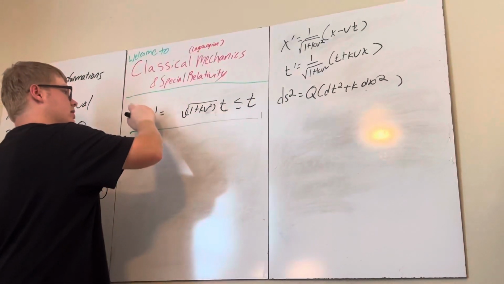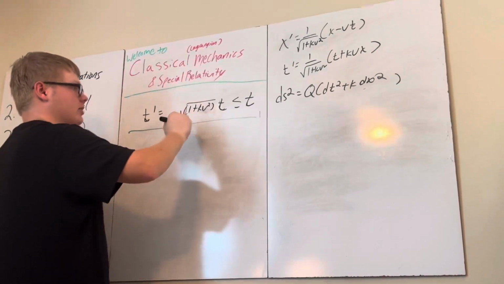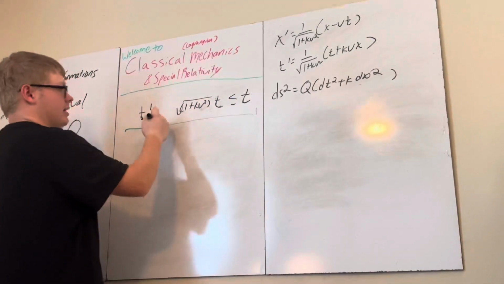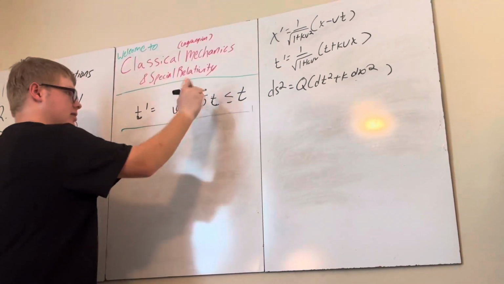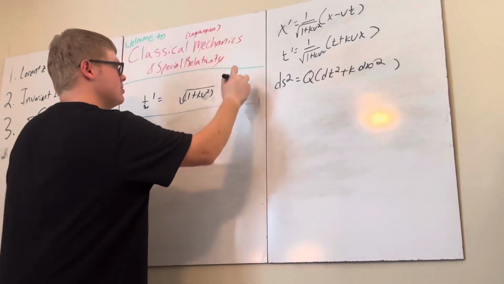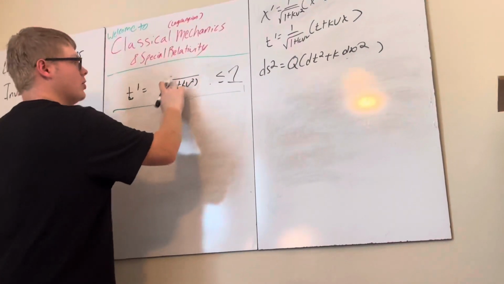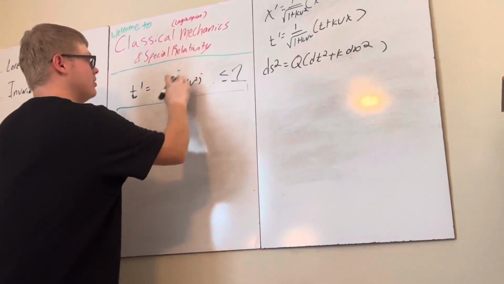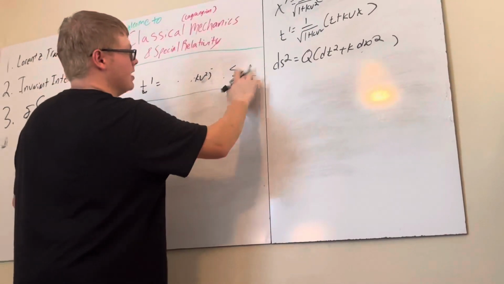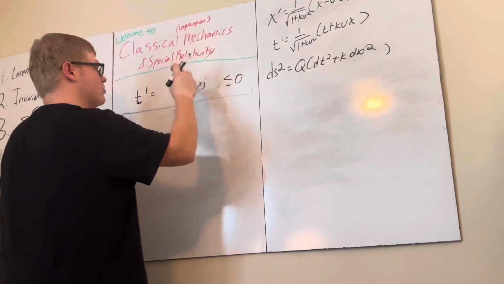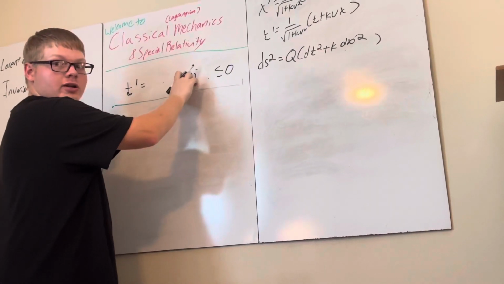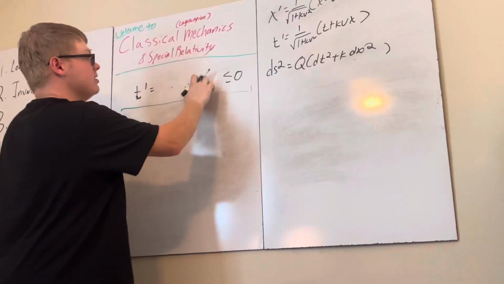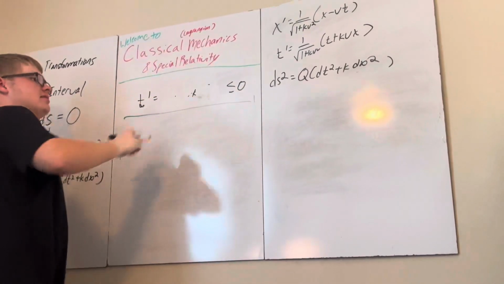Motion's not going to make your time coordinate be greater, which is the most hand-wavy part of this, but it has very much importance because you can cancel out t in this inequality here, less than 1, square both sides, that's just going to be 1, subtract 1 from each side, that's going to be less than 0. Velocity squared, velocity is a real number, so it's positive, which means that k has to be less than 0.